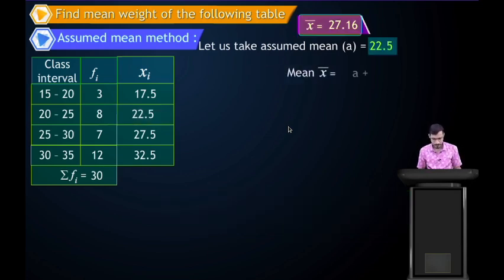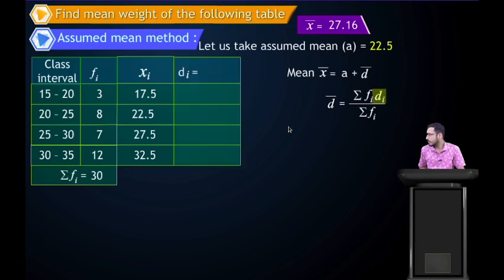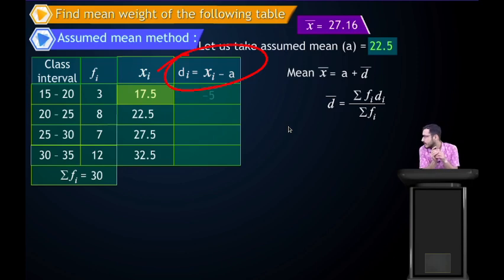Now the mean x bar is equal to A plus D bar, where D means deviation. D bar is equal to sigma fi di divided by sigma fi. First we find di, and di is xi minus A. So xi is 17.5 and A, the assumed mean, is 22.5.